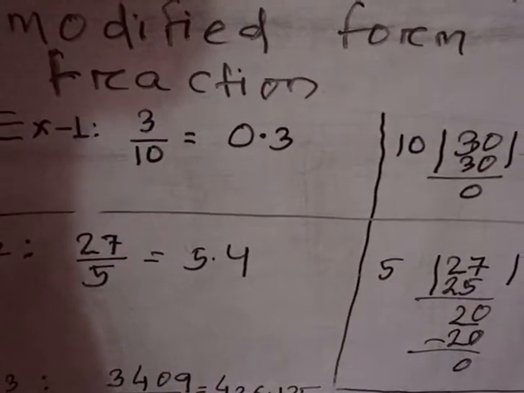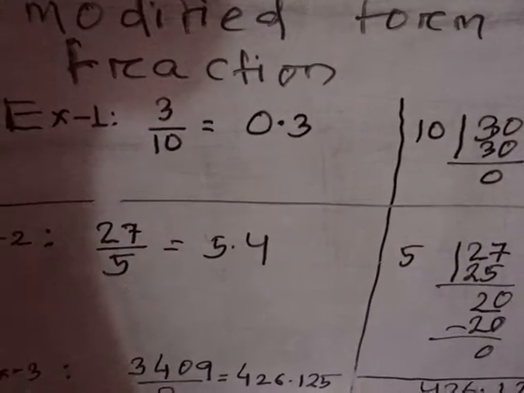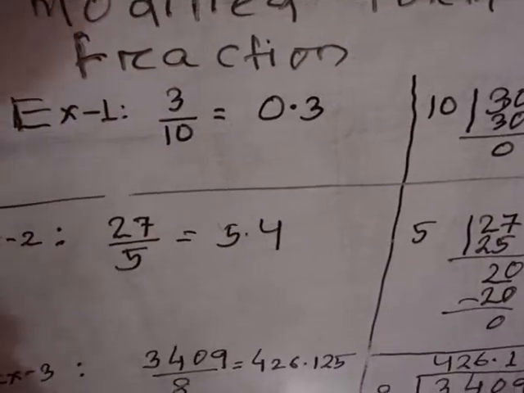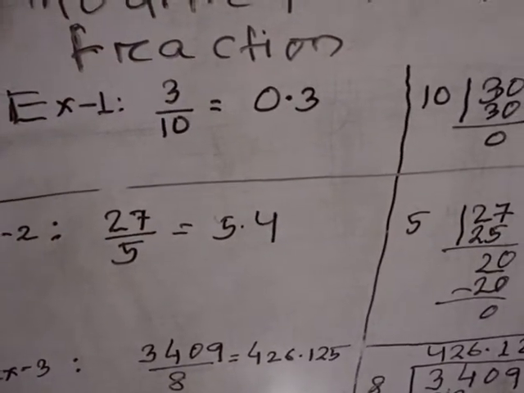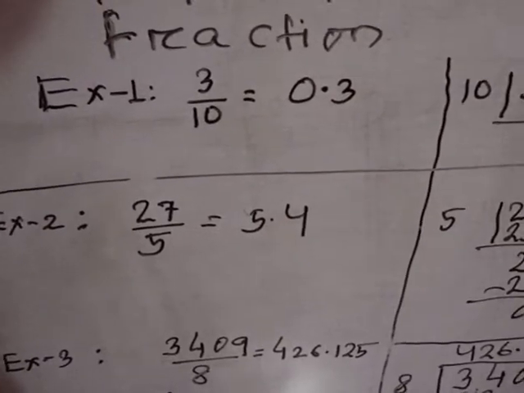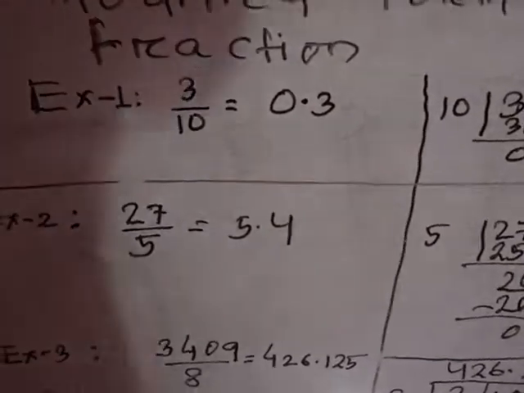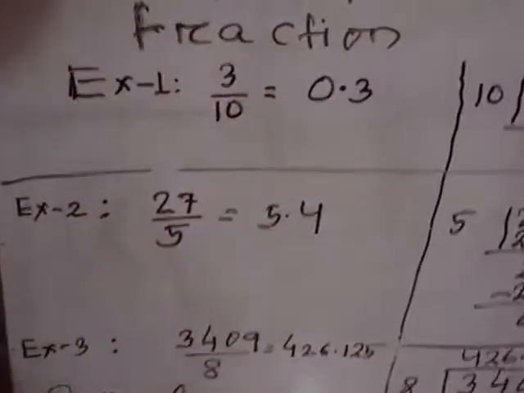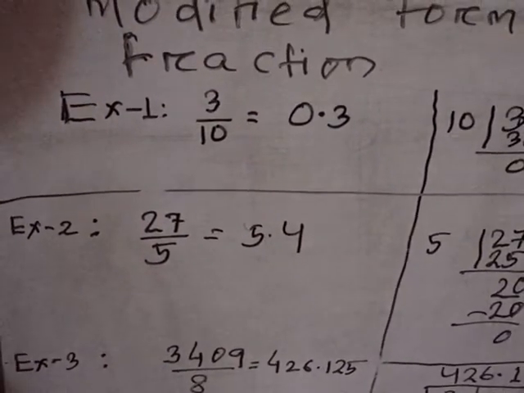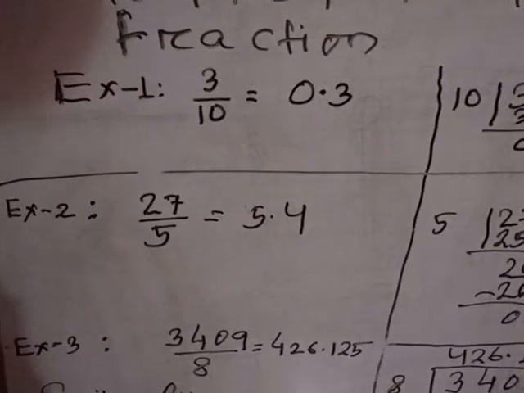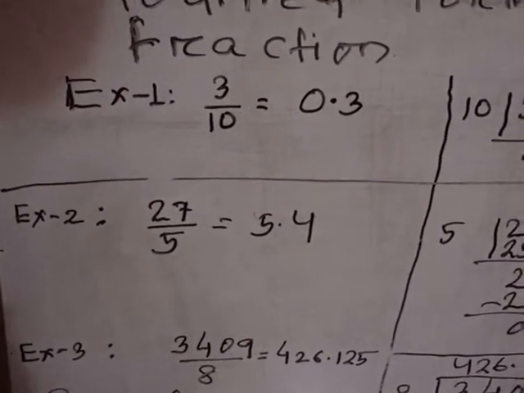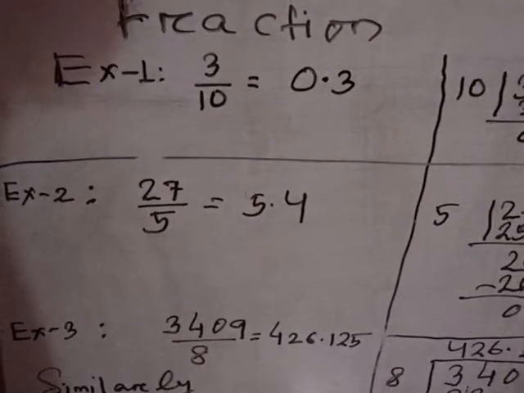So 5.4 is a decimal number, modified by dividing the fraction 27 by 5. Thus, the decimal 5.4 is the modified form of 27 by 5. 27 by 5 is in the form of fraction, and 5.4 is in the form of decimal. So 5.4 is the decimal form of 27 by 5.